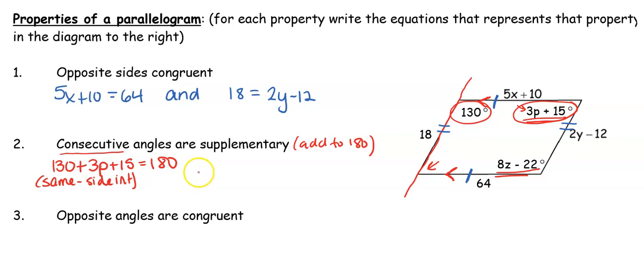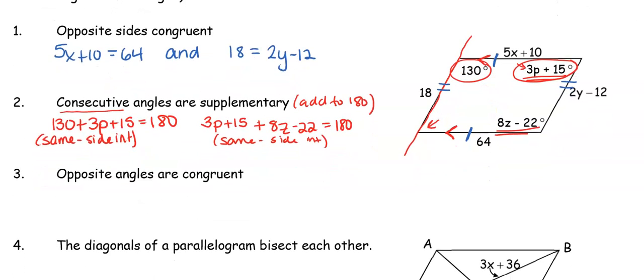So another relationship that I could have written, 3p plus 15, that's that first angle, plus 8z minus 22 equals 180, and that's also that same side interior angle relationship. There are 4 different equations if I had all 4 angles. These two, these two, these two, these two. Any 2 angles next to each other are going to add up to 180.